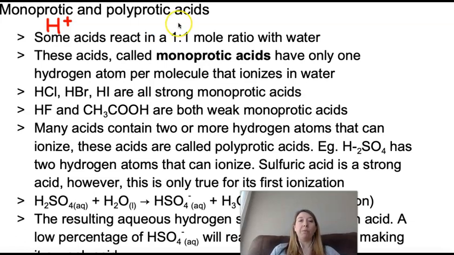So oftentimes when we look at a formula, right, if I look at HCl or HBr or HI, they all have only one hydrogen in them, right? Which is why they're all considered monoprotic acids. Okay, same is true for HF and for acetic acid, right? And sometimes you guys look at acetic acid and you're like, but Ms. Chip, there's 4 H's. I should be poly. But what we find is this is the only H that we can lose.